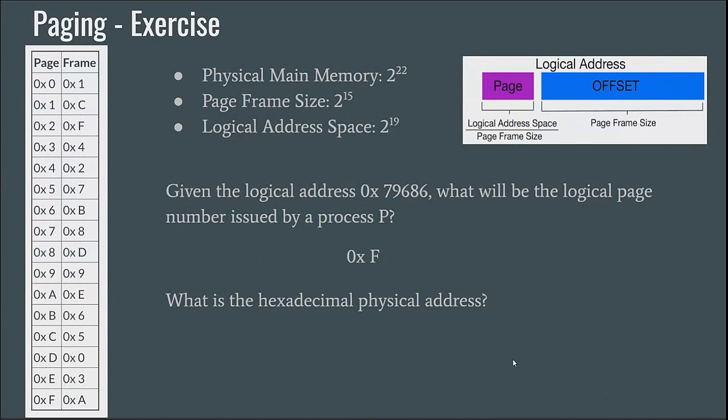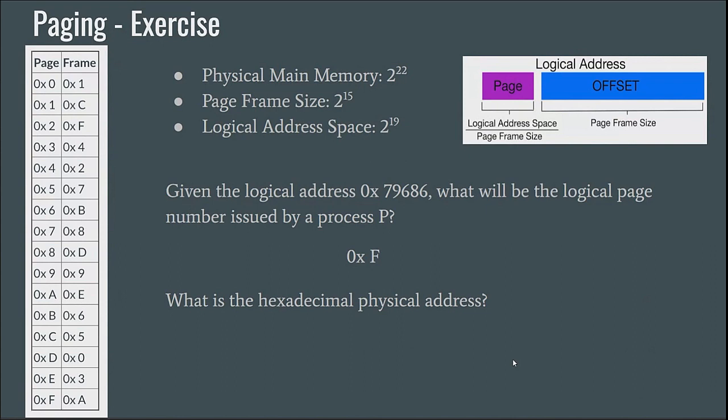I was converting the 0xf into the new hexadecimal. So when you're trying to get the hexadecimal physical address after you get the 0xf, what was the process again?